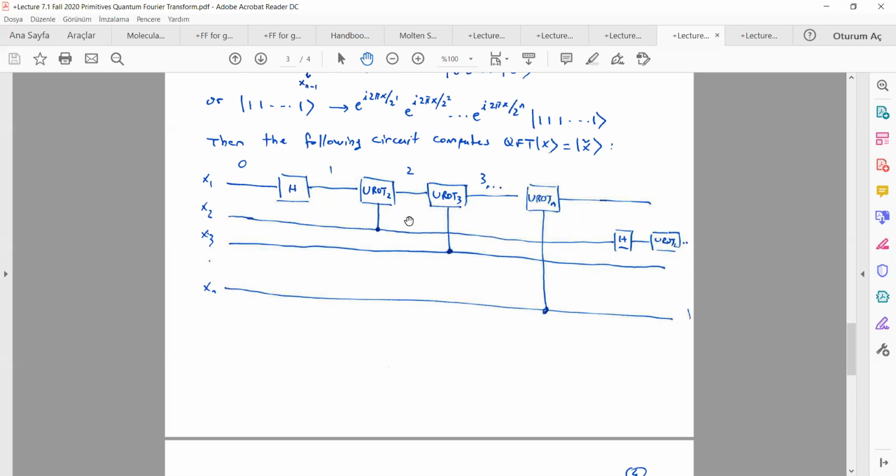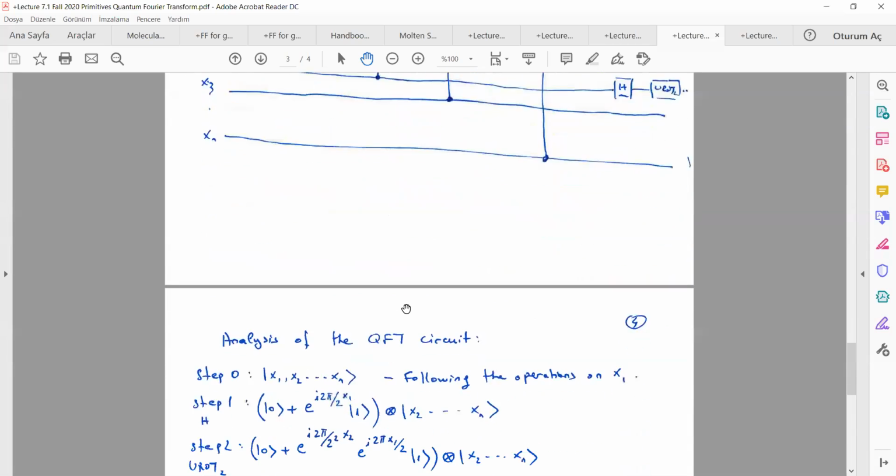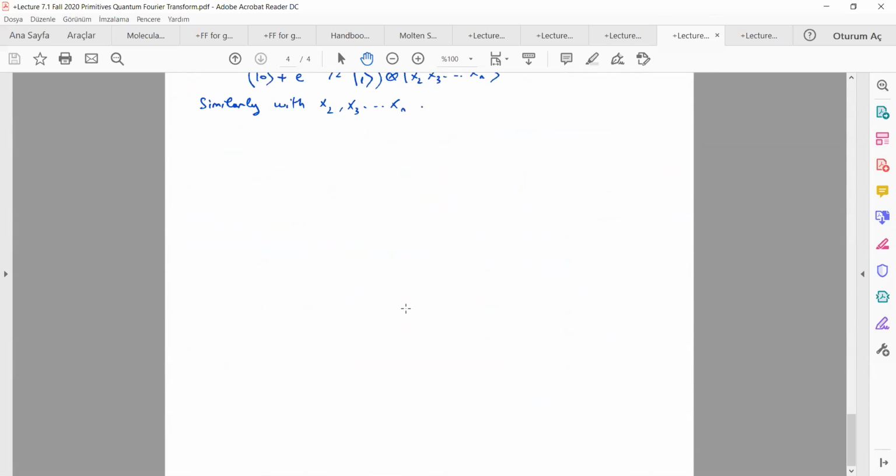This time we apply the Hadamard to x2, and then we apply U_R3 up to U_R n. And then similarly, we operate the same on x sub 3. It's not shown over here in this circuit, but when you extend this to n qubits, you apply first Hadamard and then U_R operations, similarly up to the nth qubit. So this is the circuit for the quantum Fourier transform and the analysis.